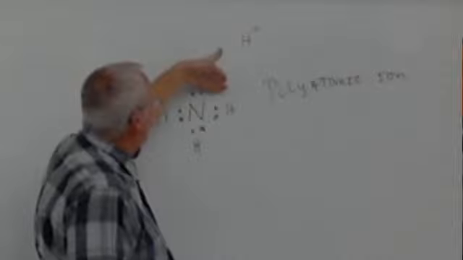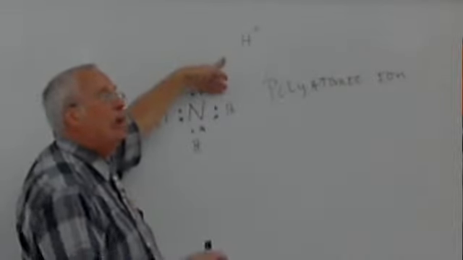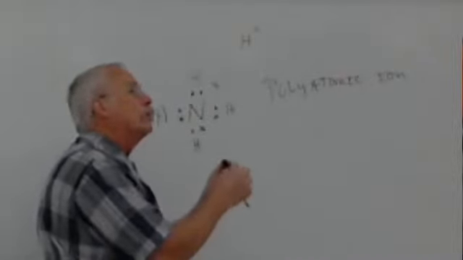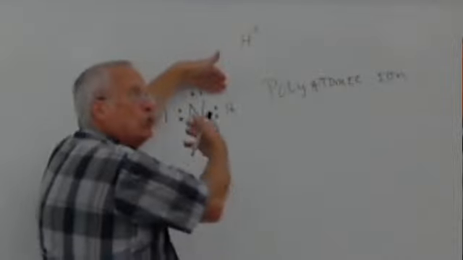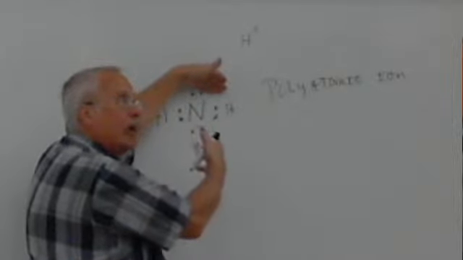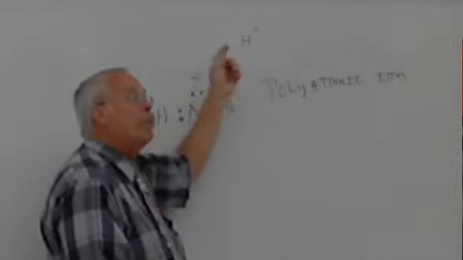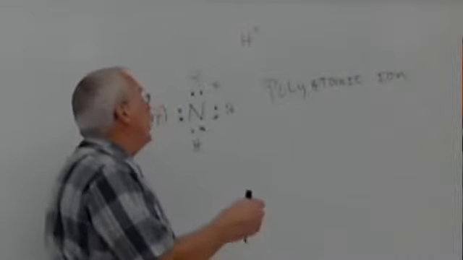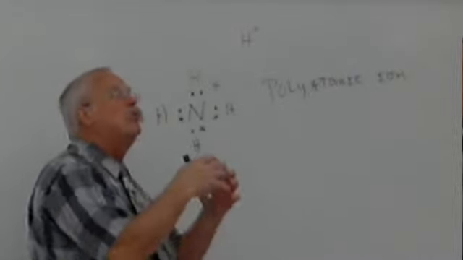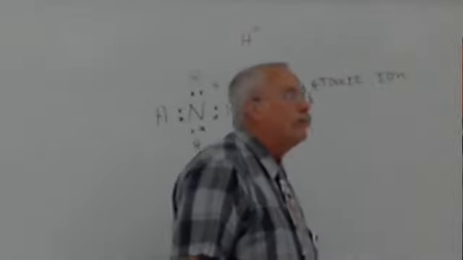The nitrogen was a neutral compound. It had a lone pair of electrons sitting there. Remember, those electrons are actually negative. But the whole group is neutral. Positives and negatives match. The hydrogen is going to come in and occupy this position, but he's bringing in with him a positive charge that we can't lose. So that positive charge is now distributed or attached to the entire particle. So it makes the entire entity positive. Yes.